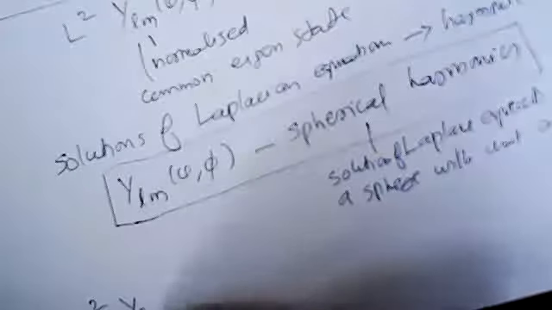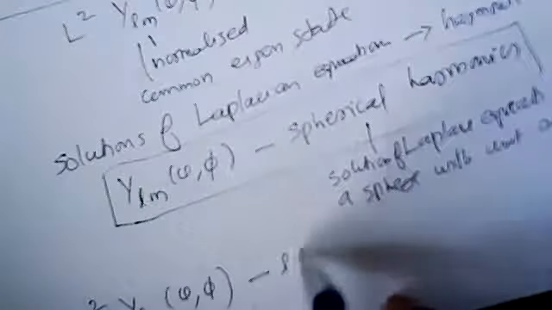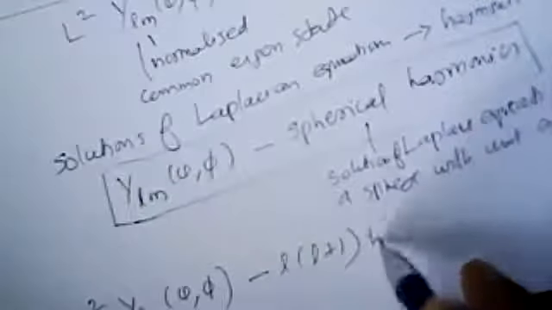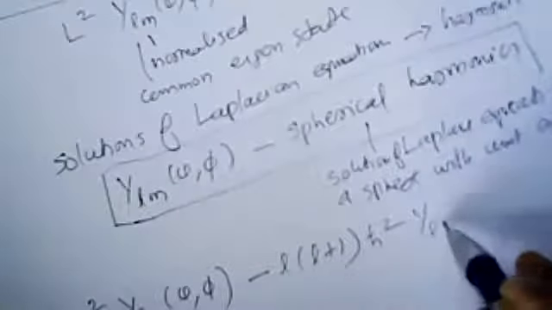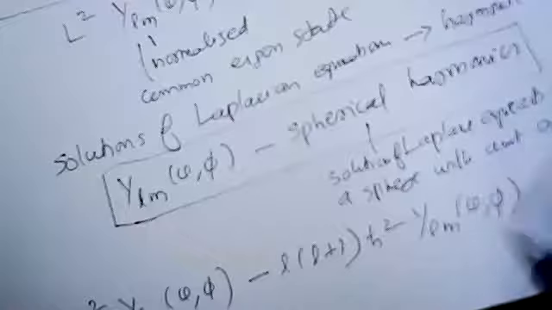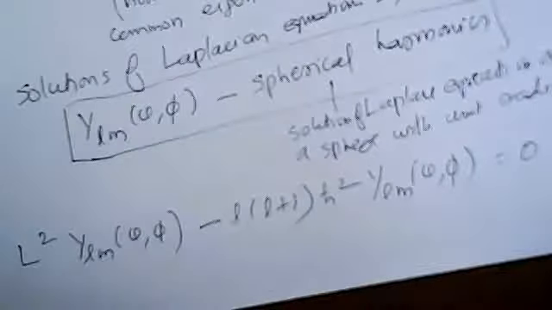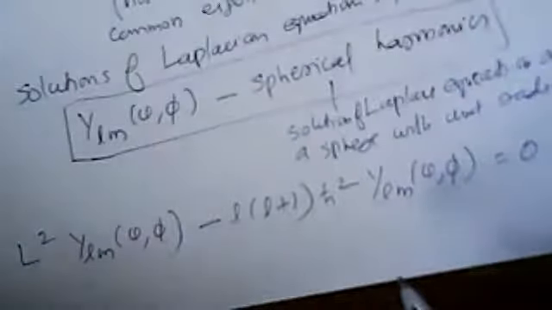This equation you can write as L square YLM theta phi minus L into L plus 1 h cross square YLM theta phi equal to 0. Now how to solve this equation? That is the question.